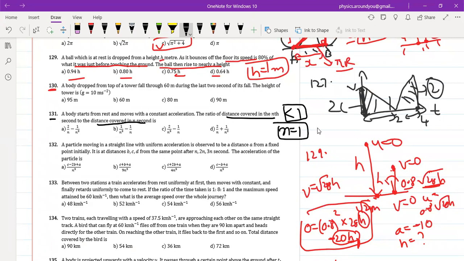For n equal to 1, it means the distance traveled in the first second to the displacement in 1 second. Only for n equal to 1, the ratio should be equal to 1. For all other n values, the ratio is always less than 1. So put n equal to 1 and check where you will get 1. You will not get 1 over here. You will not get 1 over there. Either it is A or it is C.